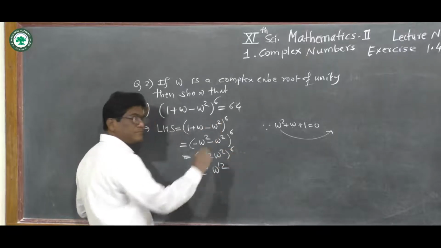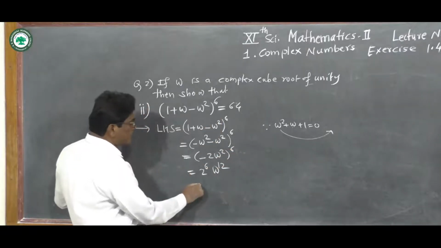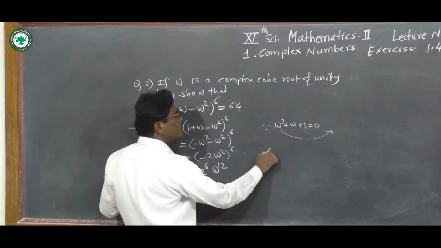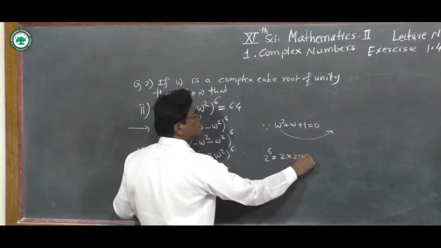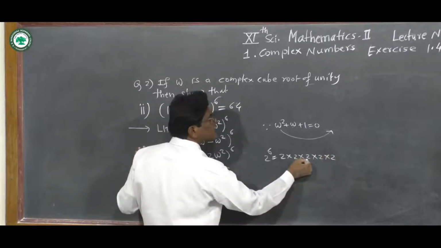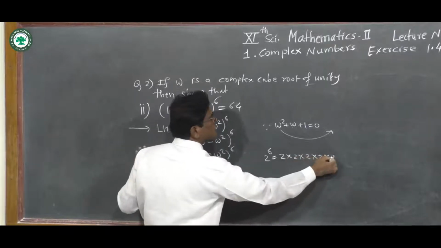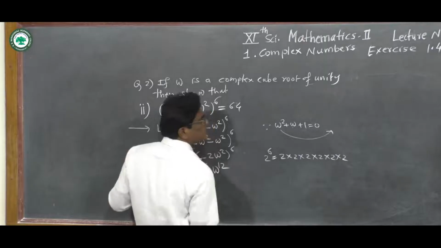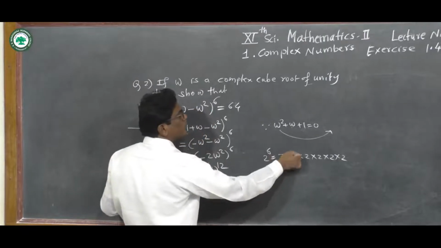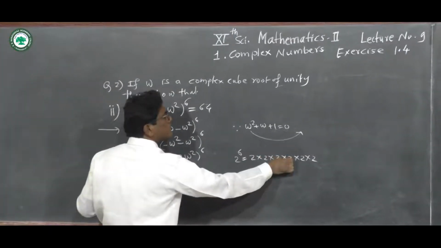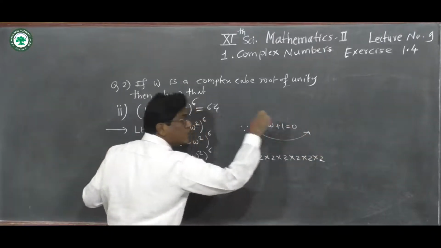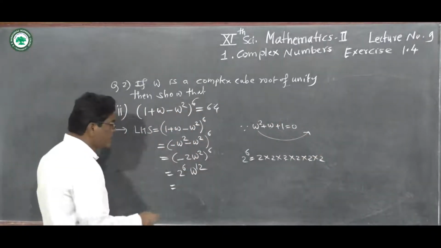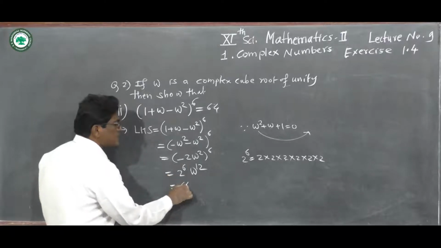Now 2 to the power 6, and omega to the power 2 into 6, that is 12. Okay, so 2 to the power 6 means the product of 2 six times: 2 into 2 into 2 into 2 into 2 into 2. So 2 to the 4, 4 to the 8, 8 to the 16, 16 to the 32, 32 to the 64. So 2 to the power 6 is 64.